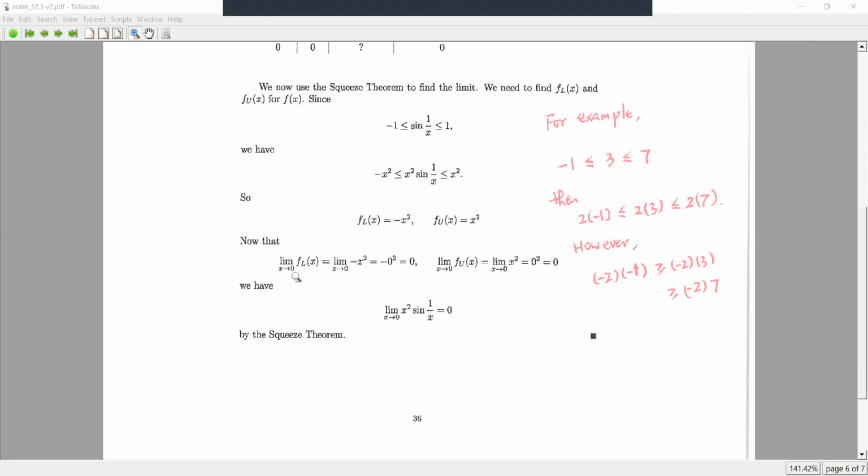As x approaches 0, the lower function approaches 0, and the upper function also approaches 0. So the function f is between the lower function and upper function. The limit of the function f as x approaches 0 is 0 by the squeeze theorem.